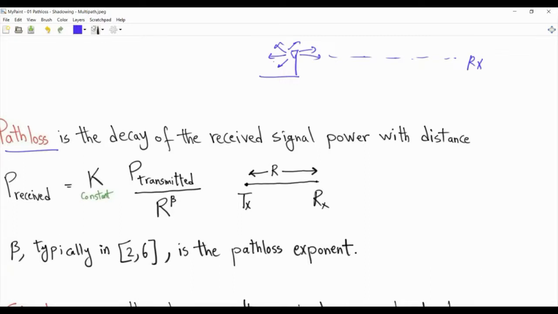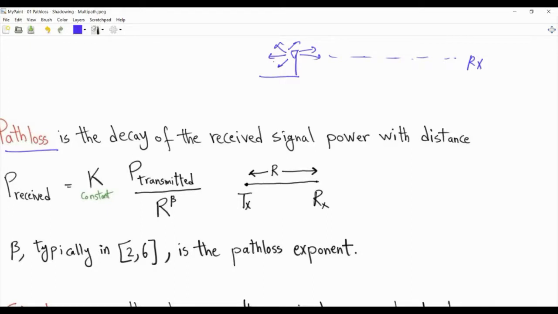And the reason is that you can imagine that there is a transmitter in free space, and suppose that it is isotropic or omnidirectional. For this transmitter, the power transmitted is distributed over a sphere, right? So at distance d, it's distributed over a sphere with surface area 4 pi d squared.